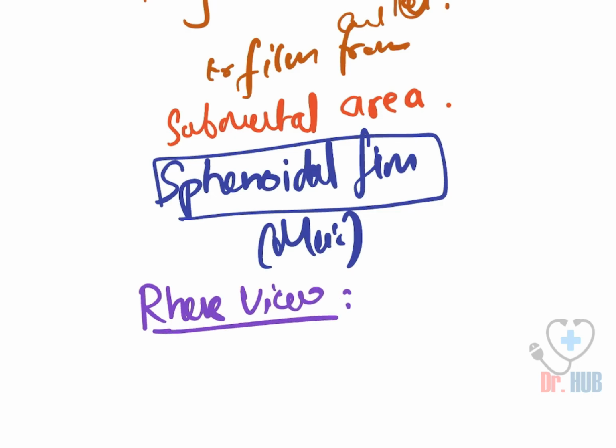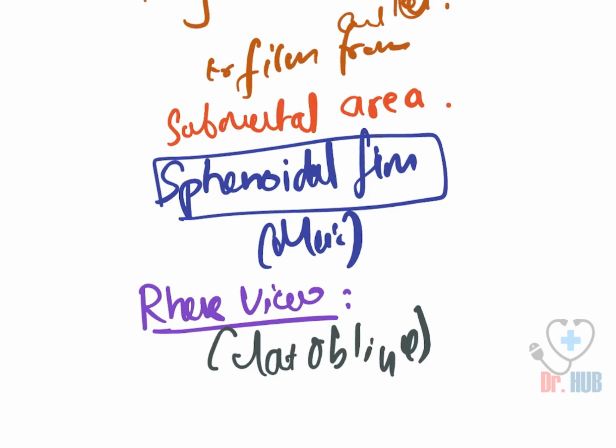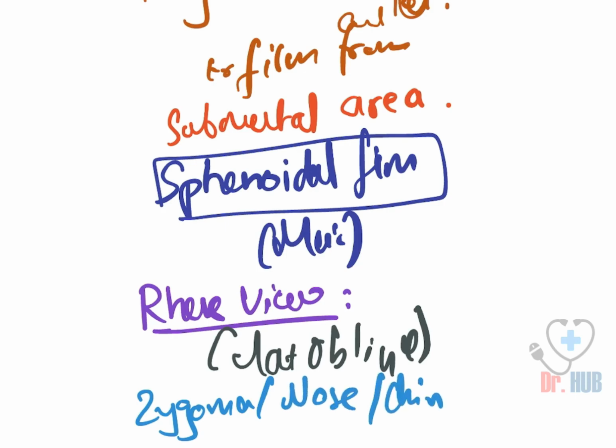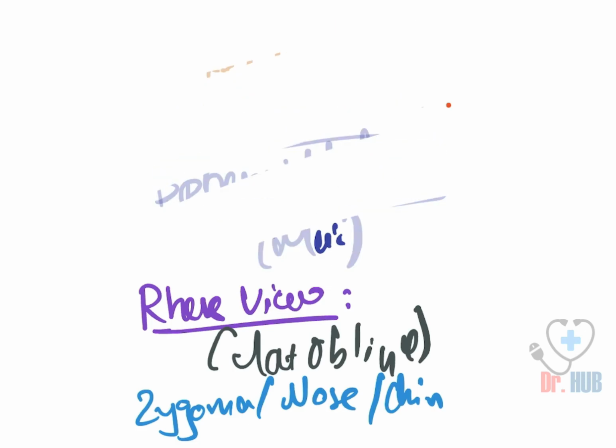So what is the Rees view? The Rees view is also known as a lateral oblique. And here the zygoma, the nose, the chin should touch the cassette.